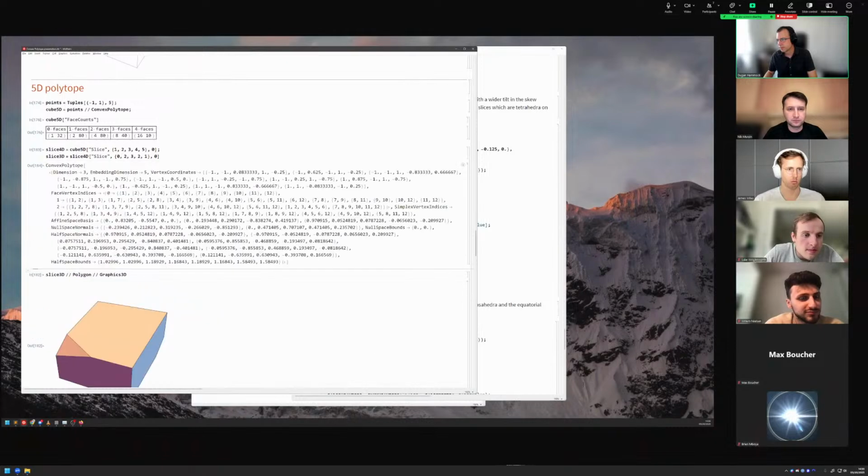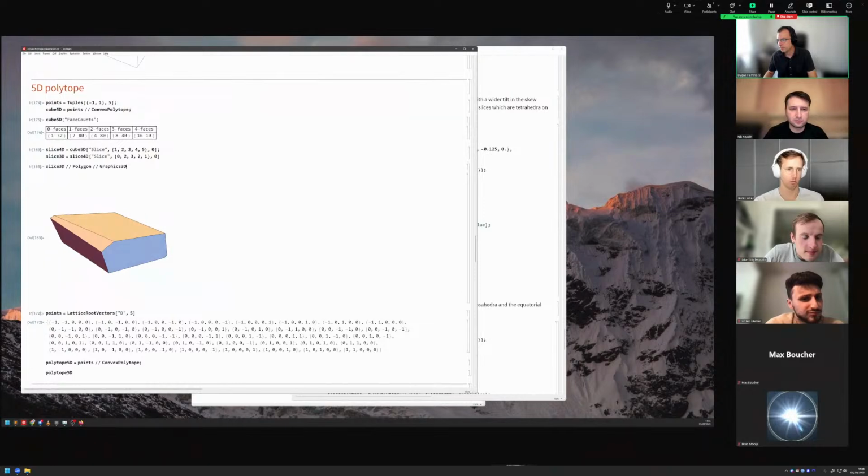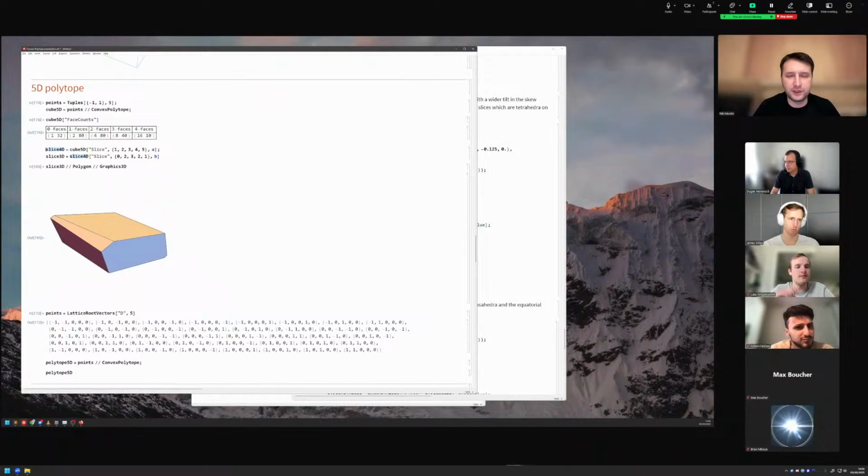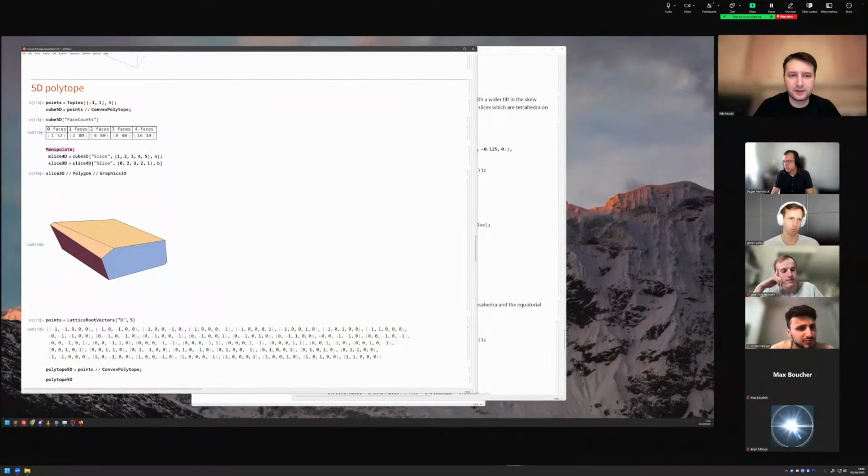Why do you have 5 coordinates for the 4D slice? It's in 5 dimensions. It's a 5-dimensional cube, embedded. You keep the embedding, right? Yeah. So you have to cut it with a different normal, and then you'll get like a codimension 2 object.